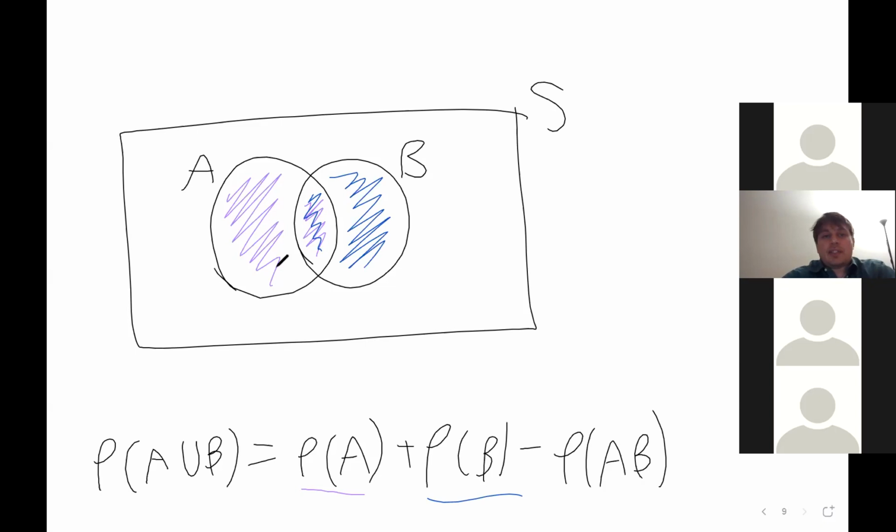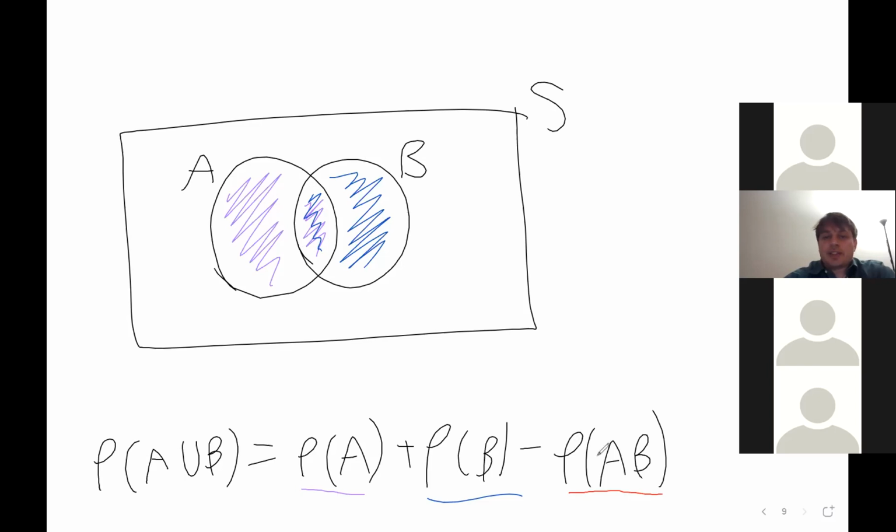We counted the middle part as part of the probability of A, and as part of the probability of B. So when you subtract the probability of AB, you're getting rid of the overcount. If you count these things once, and this thing twice, then subtract one, so a net once, then you're finding the probability of A union B.